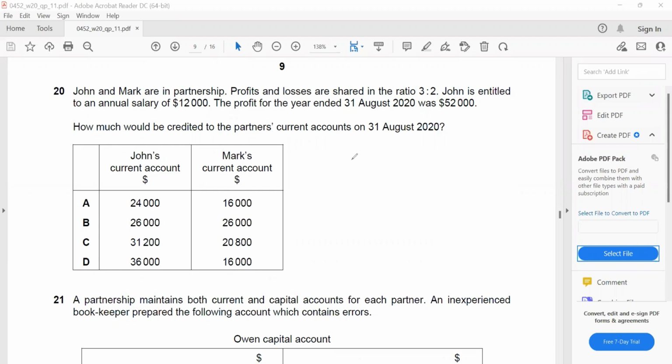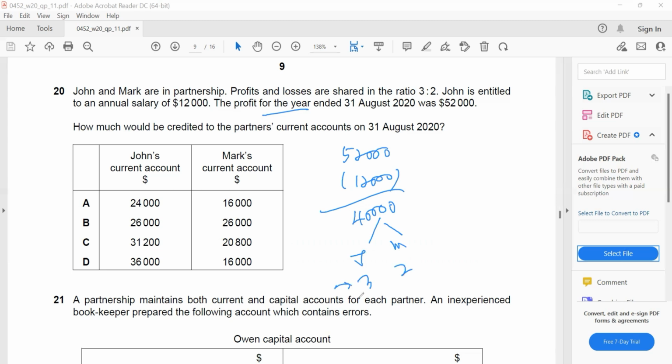So let's recalculate. The profit for the year is 52,000. This is profit minus salary, so we get 40,000. So 40,000 is shared by John and Mark in the ratio 3 and 2.